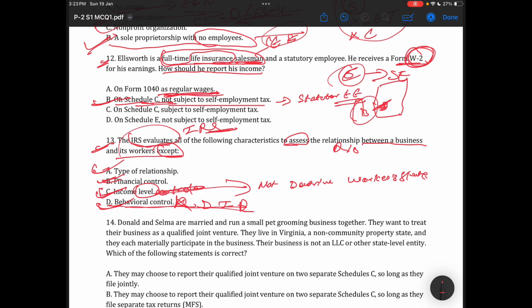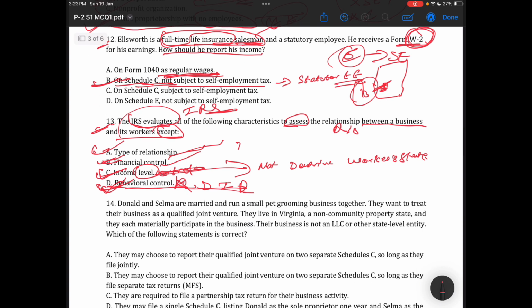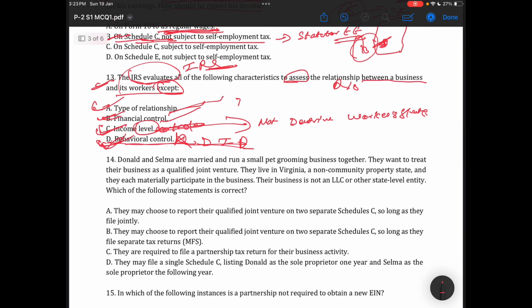The IRS also evaluates the behavioral control and financial control. Definitely he will check the financial and type of relationship, the holding, subsidiary, sister concern. This type of relationship they also consider, but the income level they did not determine.